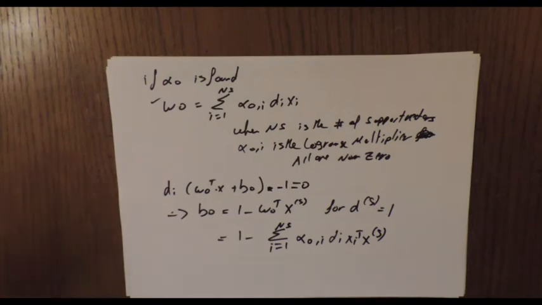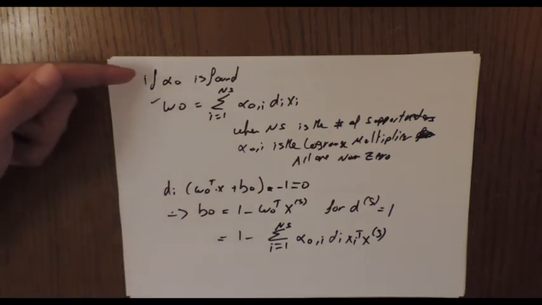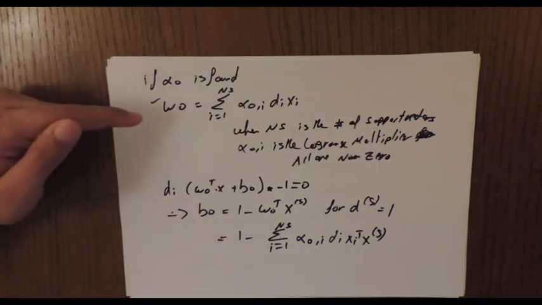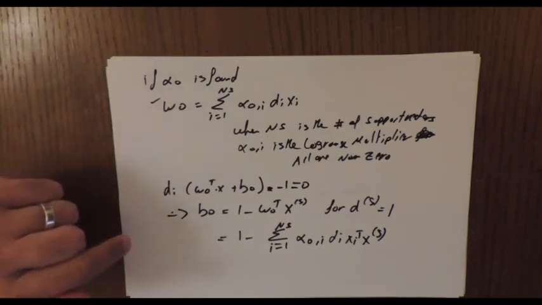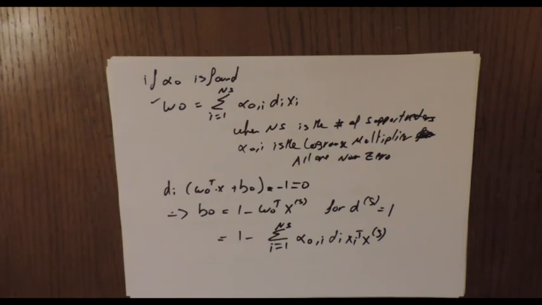So from the dual we find alpha_0, from alpha_0 we find w_0, by w_0 I mean w optimal, and then we can find the optimal bias.